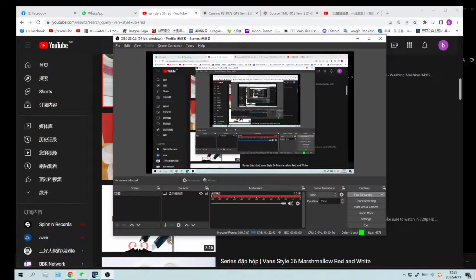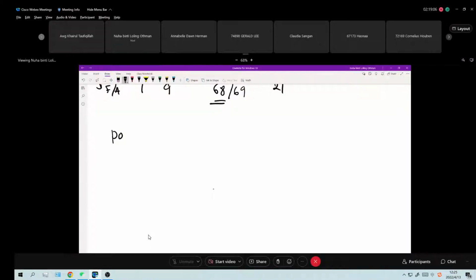Okay, another one. This is the population paradox.